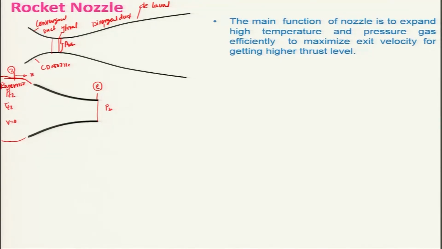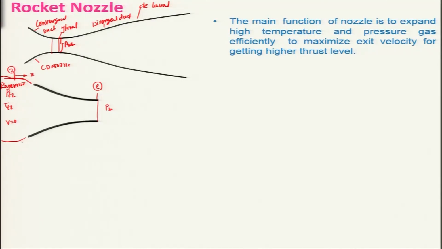However, when an aircraft or a rocket engine or any other propulsive device moves with altitude, the ambient pressure changes, and that is nothing but your back pressure. That means the nozzle will be subjected to variable back pressures.